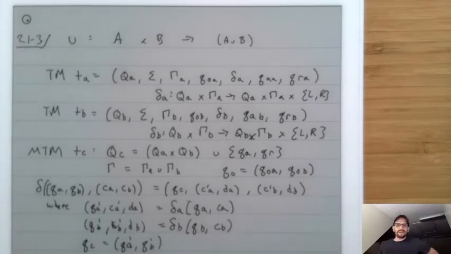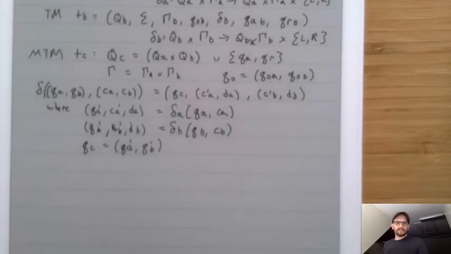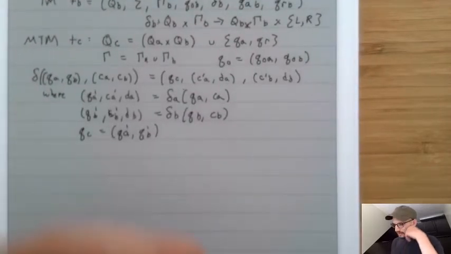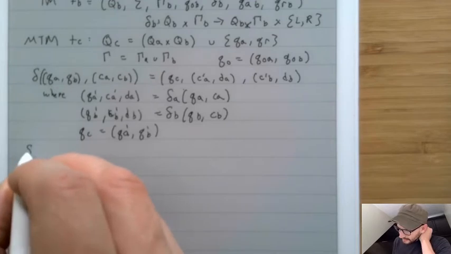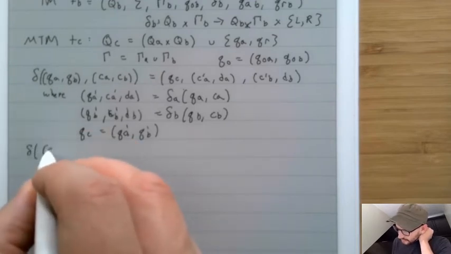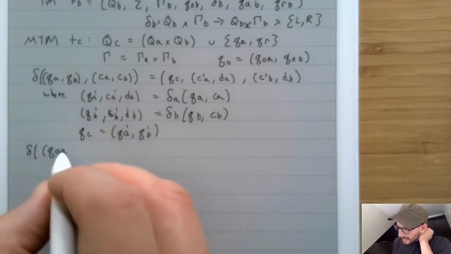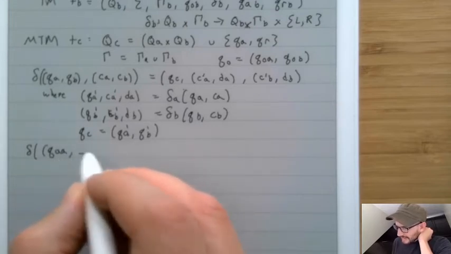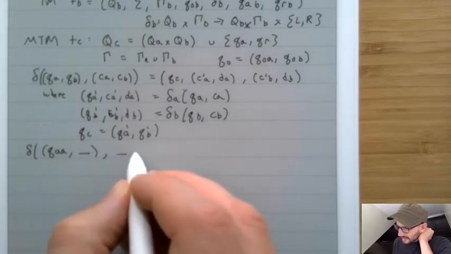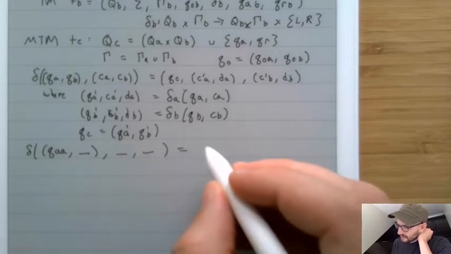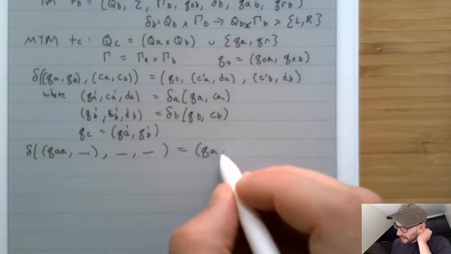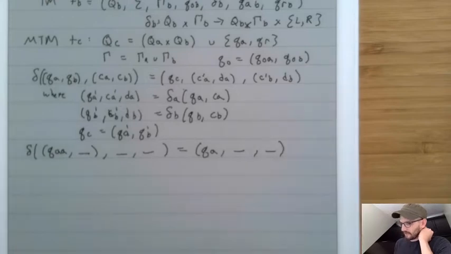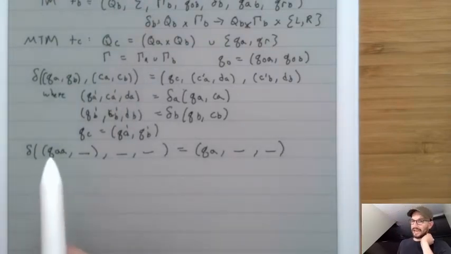Okay, we now need to do just one last thing, which is that we need to write down how to get to the accept and reject states. And it's quite straightforward how to do this. What we do is we'll say that delta of QA accept and then anything and anything is just equal to accept, and then we don't care what these are. So if we get to an accept state on the A machine, we say yes.